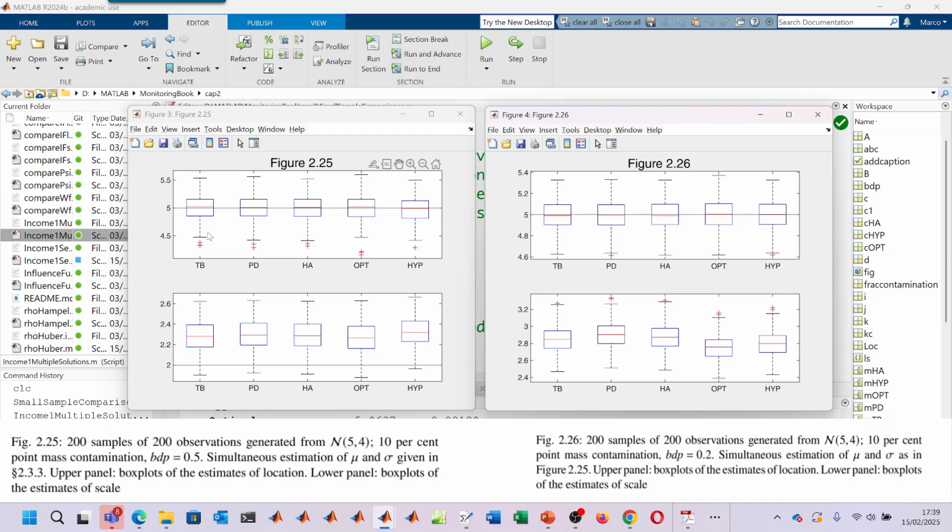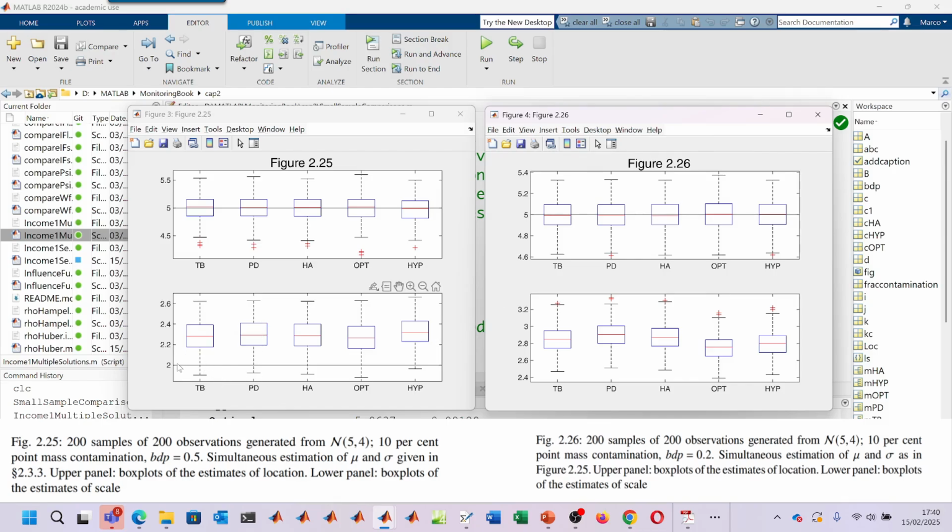Both are very much unbiased if you look at the centers of the box plots. But in the right-hand panel, the variance of the estimates is less because we are using more of the observations in the robust estimation.